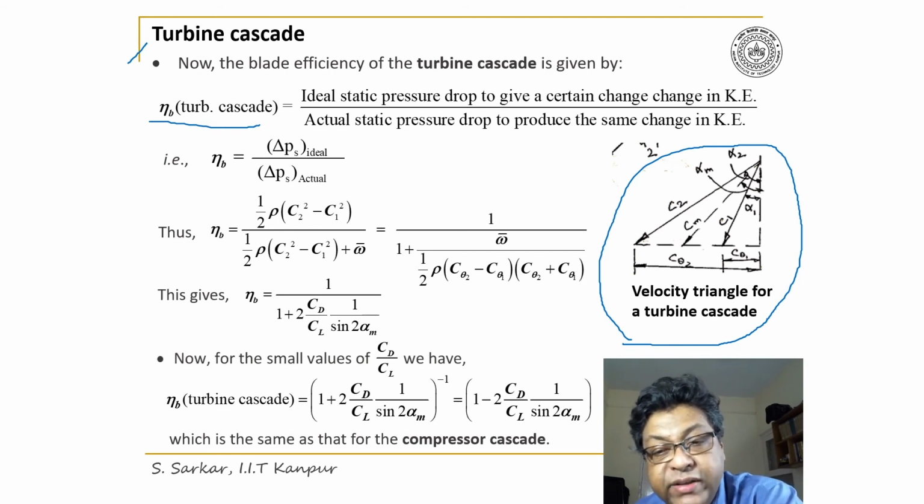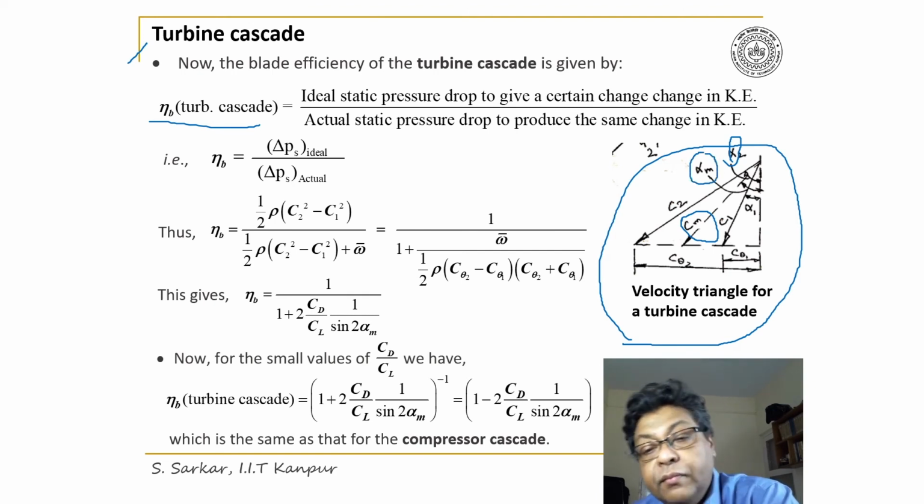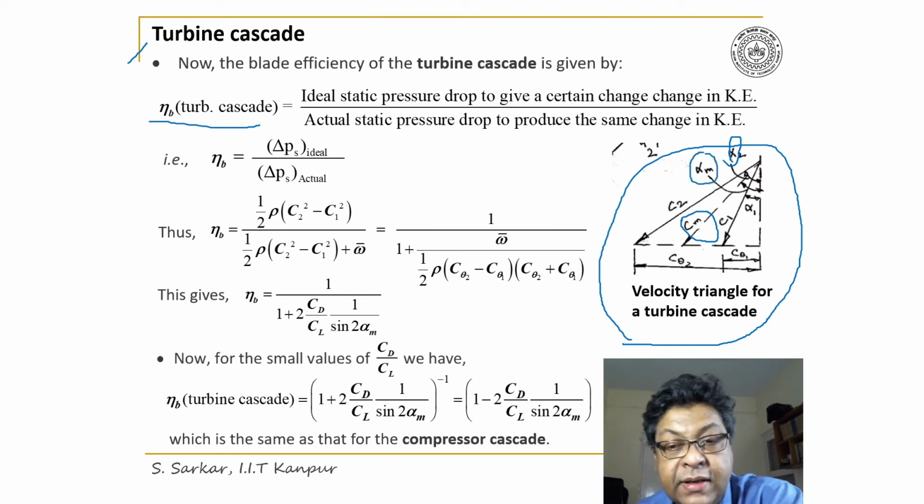So C1 is the inlet velocity, C2 is the exit velocity, alpha 1 is the absolute inlet angle, and alpha 2 is the exit angle, and thereby I have defined Cm and alpha m. Okay, so this is the velocity triangle for a turbine cascade.